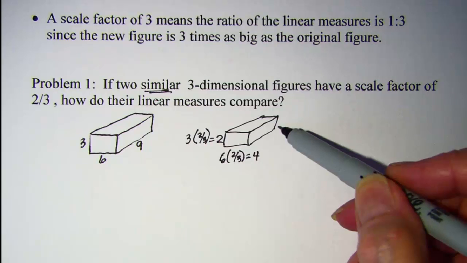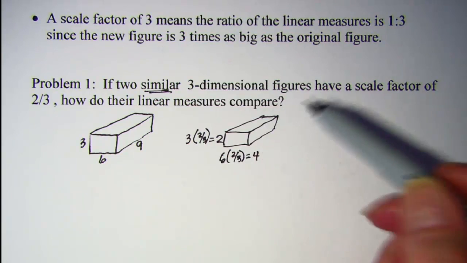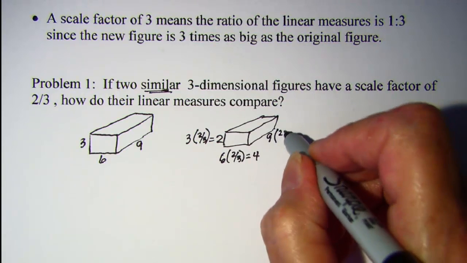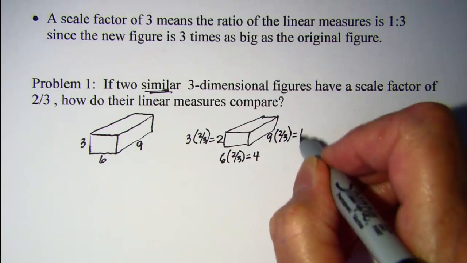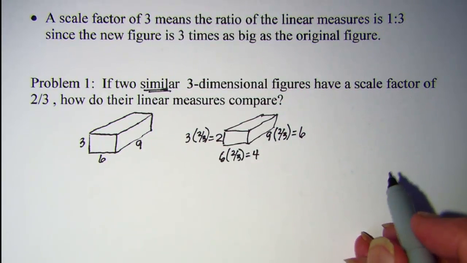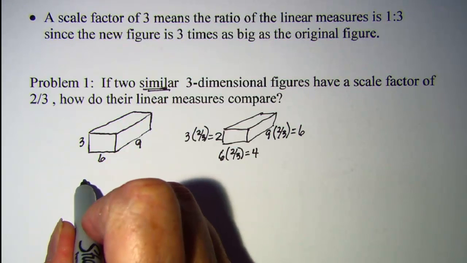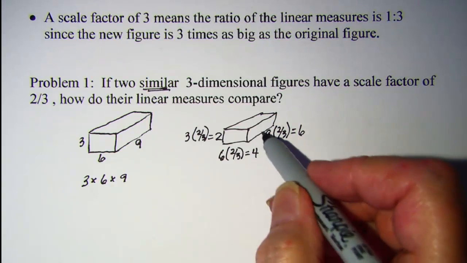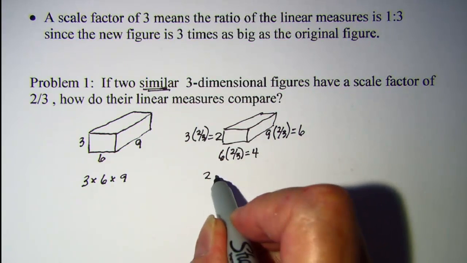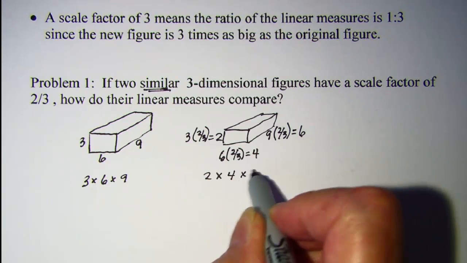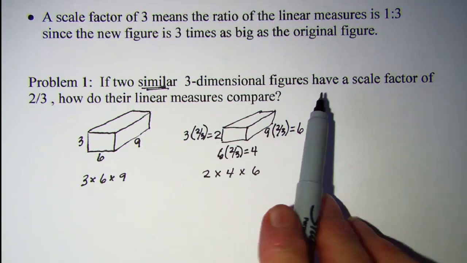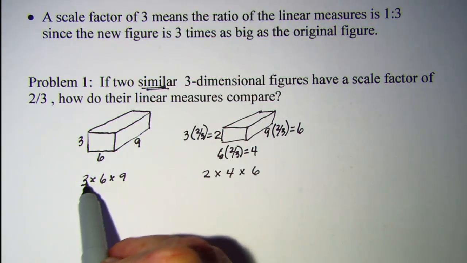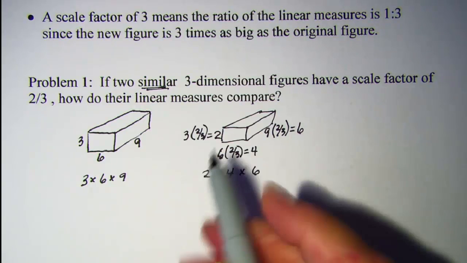And then my height of my new figure would be 9 times 2/3, which is 6. So this rectangular prism has dimensions 3 by 6 by 9, and this one has dimensions 2 by 4 by 6. So we can see then that their linear measurements will compare in a 3 to 2 ratio.